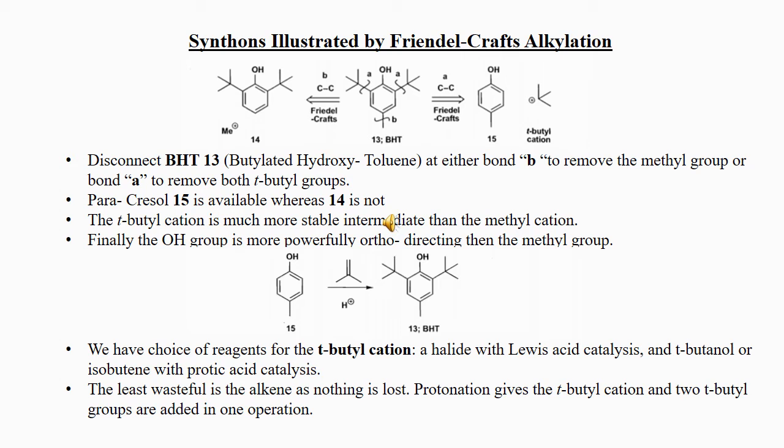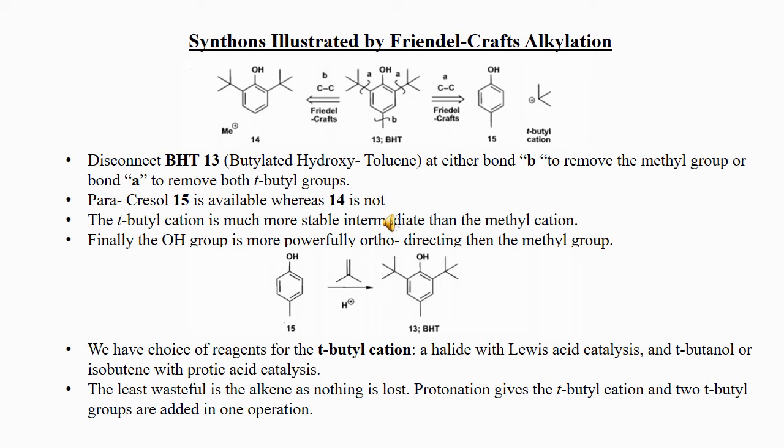If you look into structure 13, there is a disconnection labeled A in which the tertiary butyl groups are being removed. So in the case of disconnection A, both can be removed, or in the case of B, we shall disconnect the bond of the methyl.